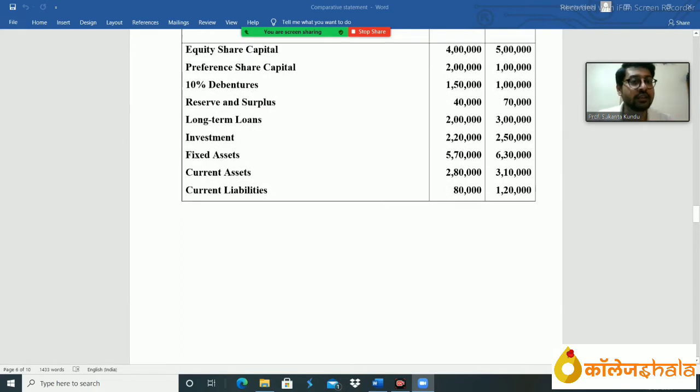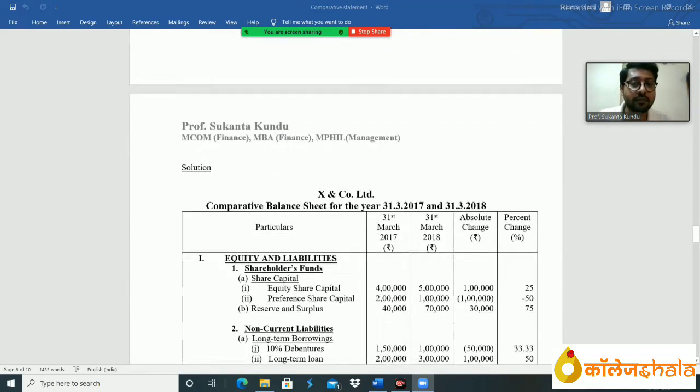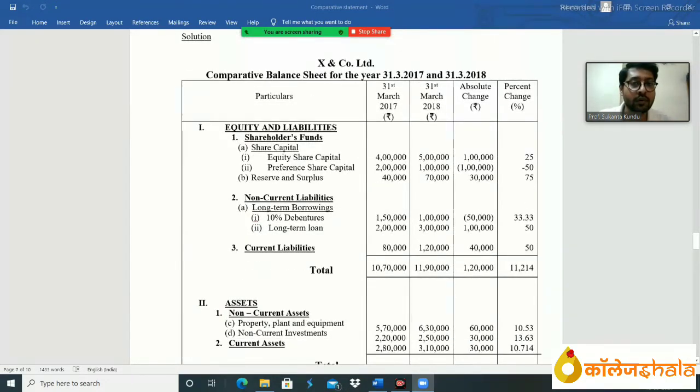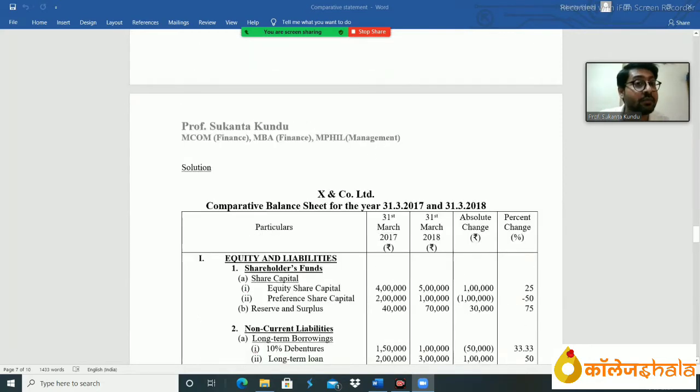So in the solution section you can see we prepared the same format of the balance sheet as per Schedule 3 of the Companies Act 2013. Now under equity and liabilities, you have to maintain all the items as per the pro forma.